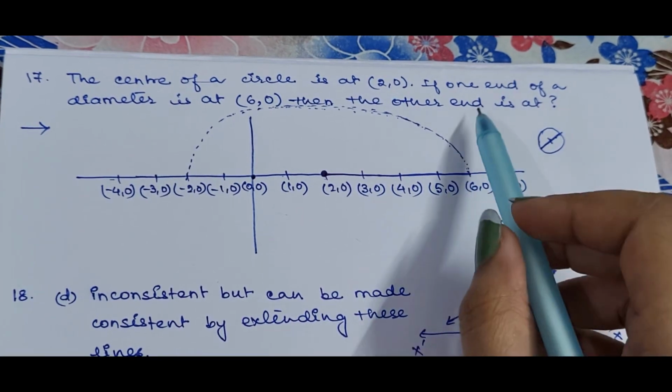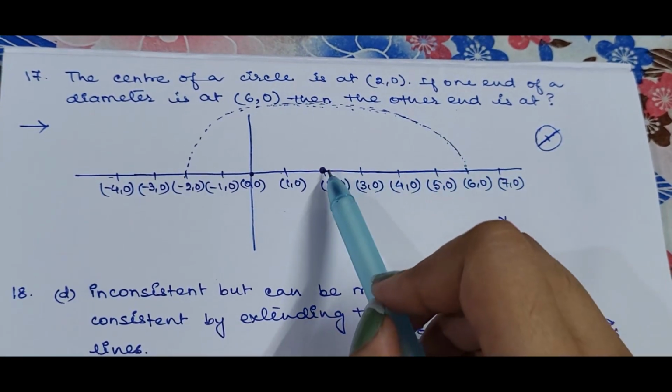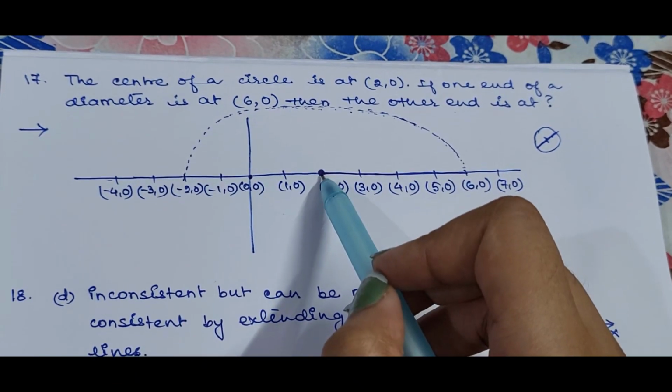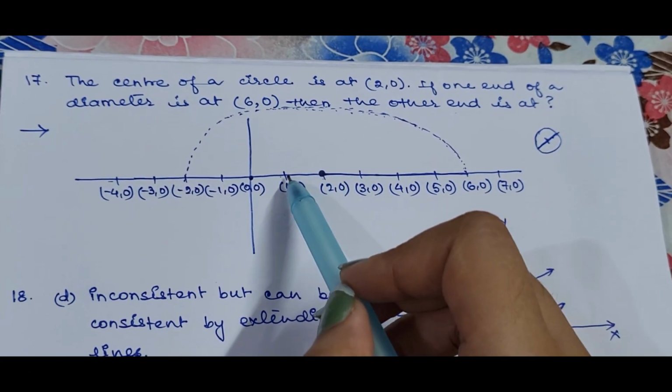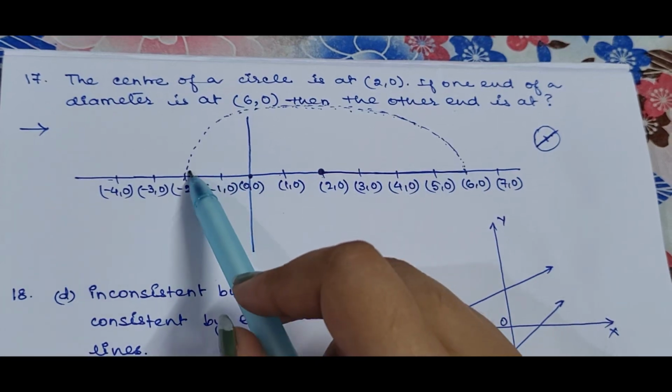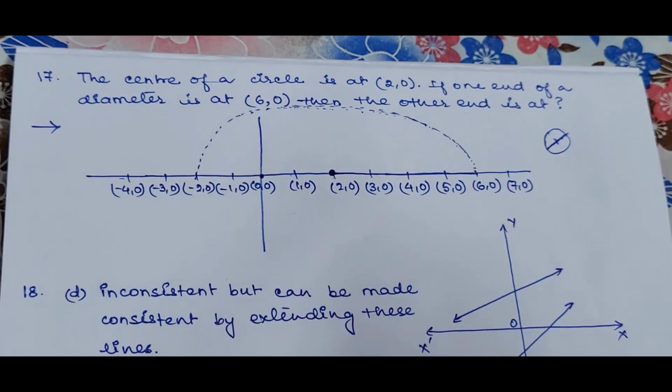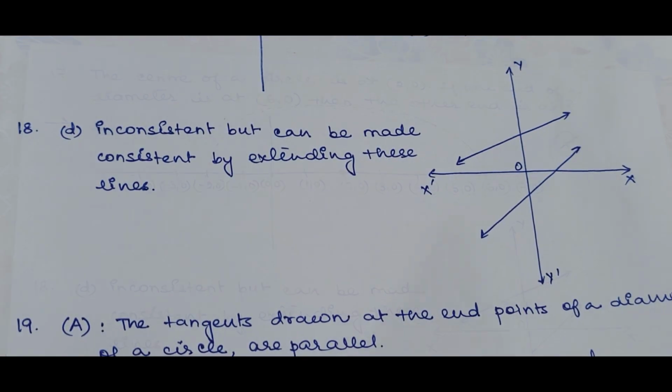So to get the other end of the diameter, I need to go 4 units to the left from the center, which is 1, 2, 3 and 4. So my other end is minus 2, 0. See, this is simple.